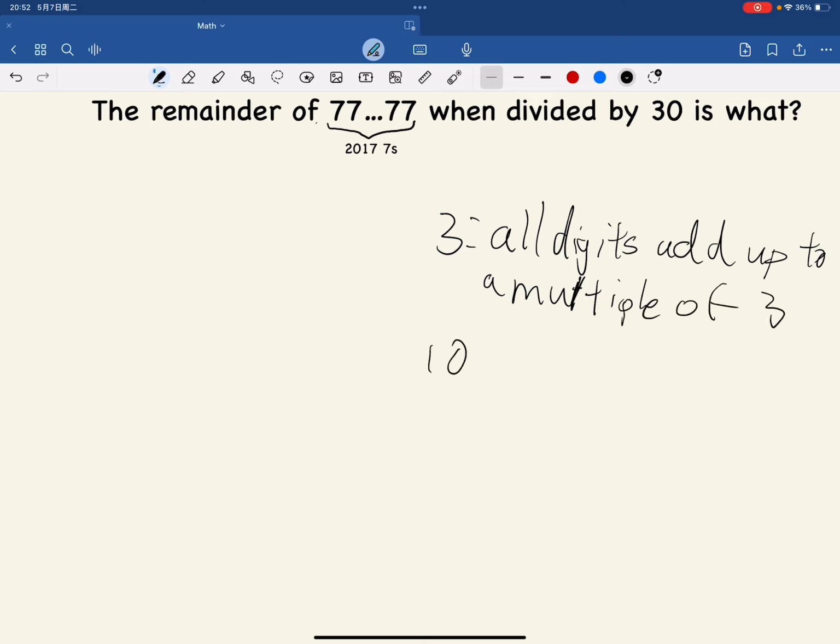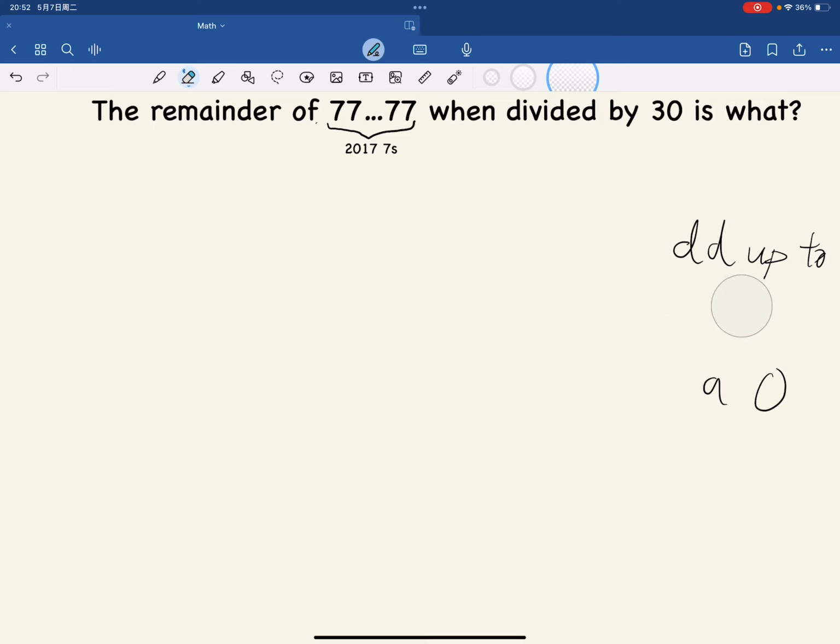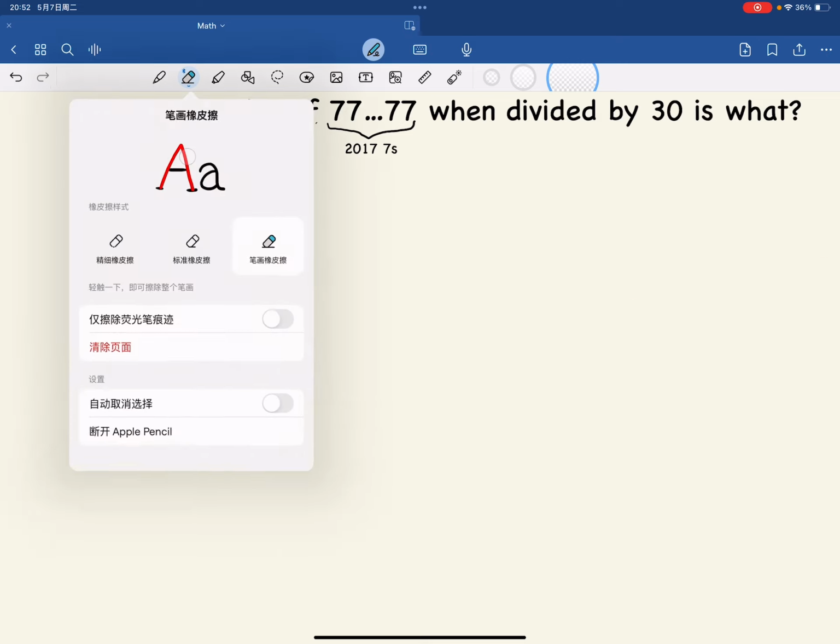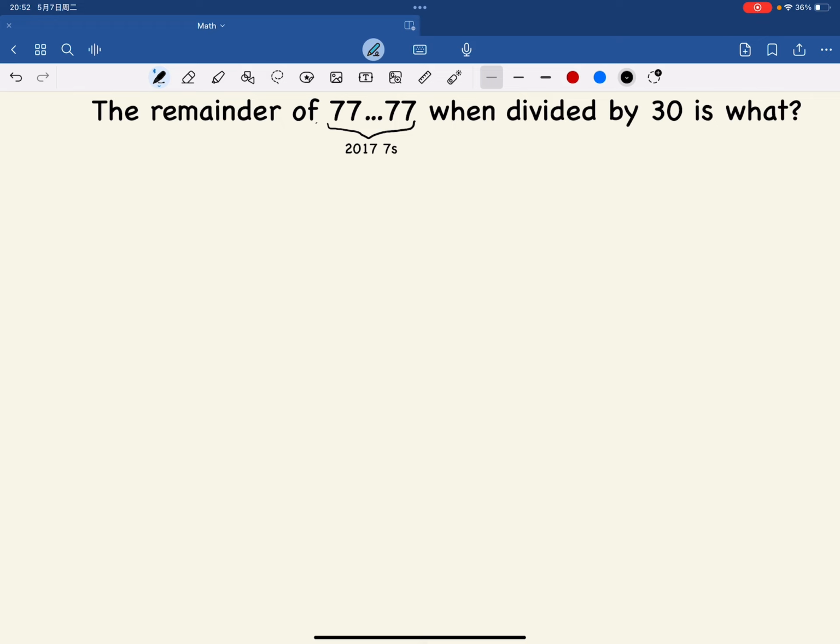And the divisibility property of 10 is if it ends on a 0. So now we know that the division properties are these. We can try and use them to solve the problem.